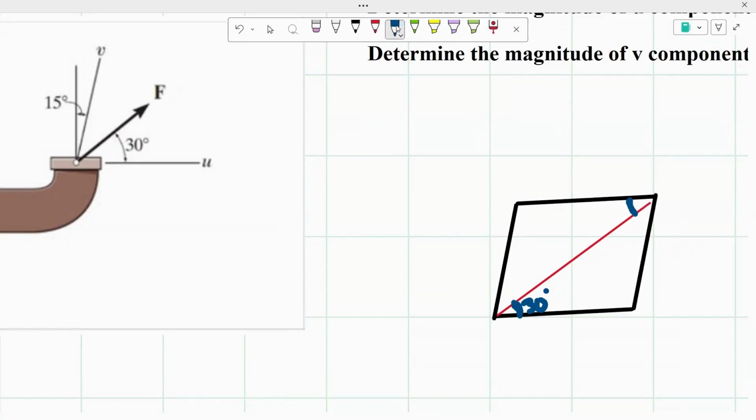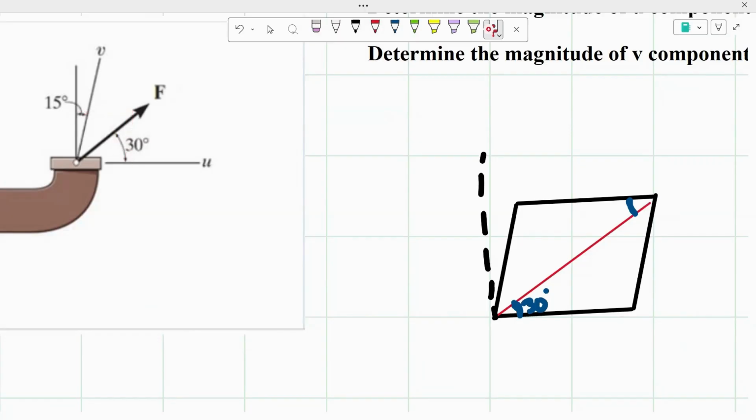And then from there, we know that the y-axis is right here. And this angle was given to us as 15 degrees. And we can tell that this right here is a right angle, meaning that it is 90 degrees.